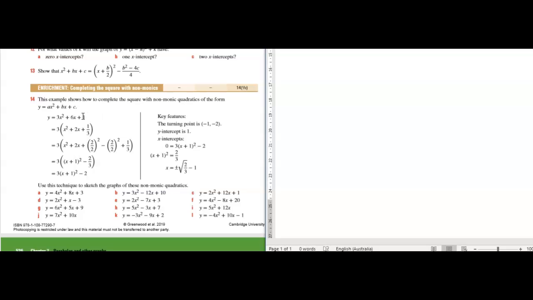So we're taking out a common factor. To be able to complete the square, we need the coefficient of x squared to be 1. You can see here our coefficient of x squared is 3. 3 is a common factor of 6, but it's not a common factor of 1. So you might think, oh, I can take 3 out as a common factor as you would in question 10.